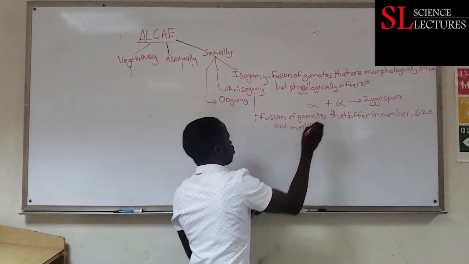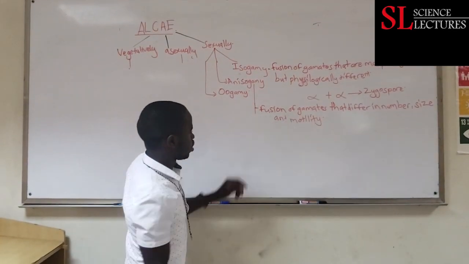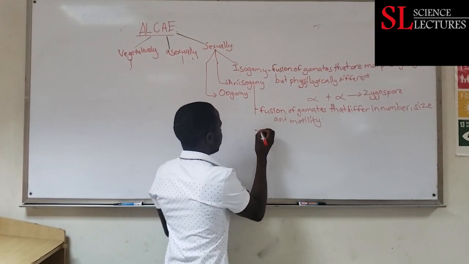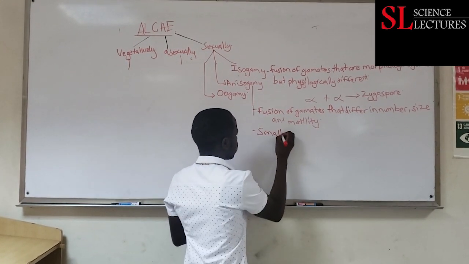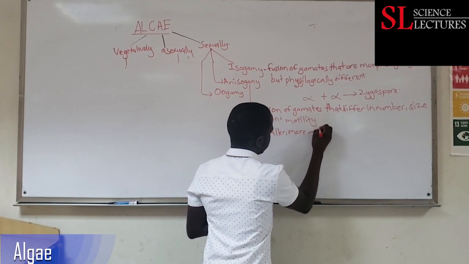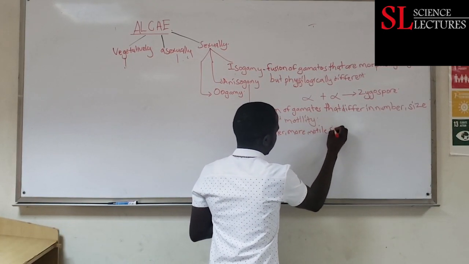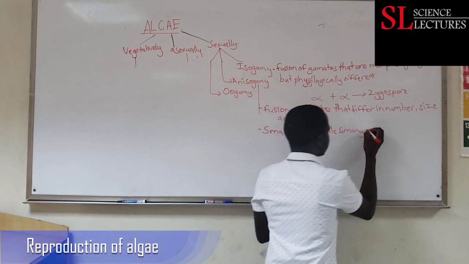That is anisogamy. Fusion of gametes that differ in number, size, and motility, whereby the smaller in size, more motile, and many are what you call microgametes.